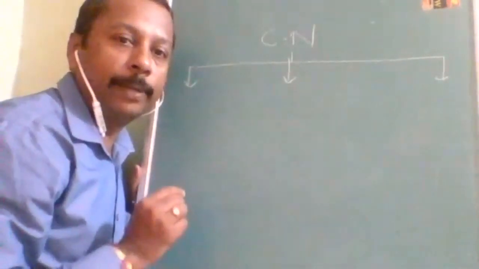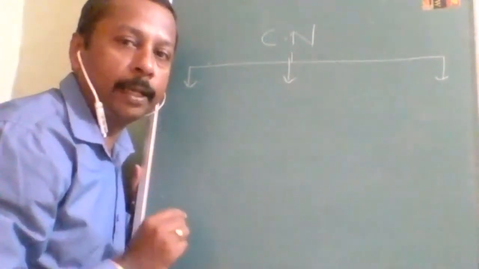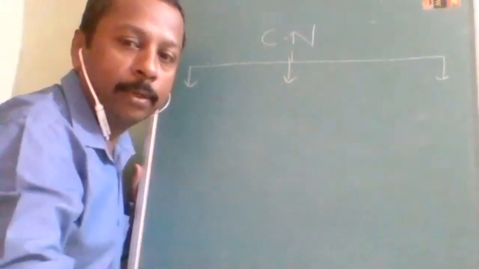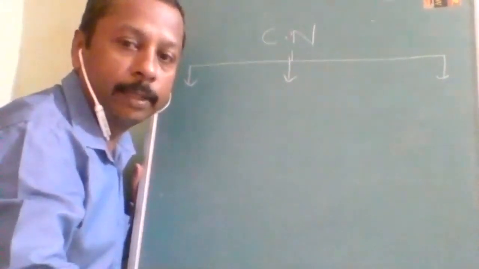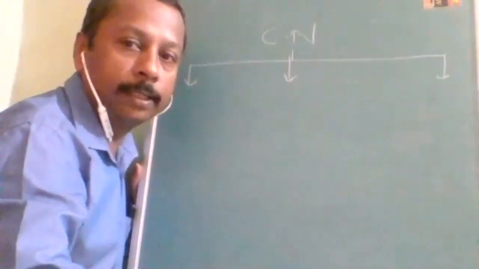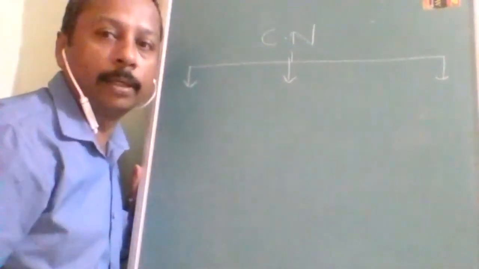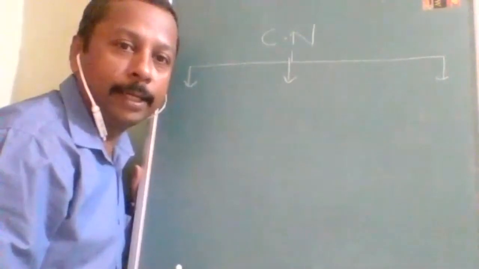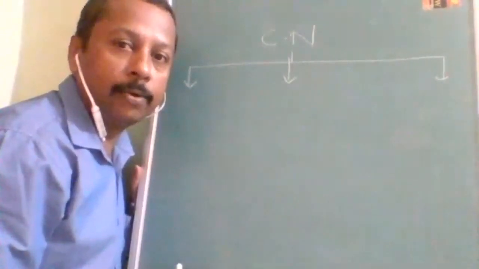The number of lone pairs accepted by a central metal ion in a complex is called its coordination number. That is, the number of lone pairs accepted by a metal ion or metal atom in a coordinate complex.